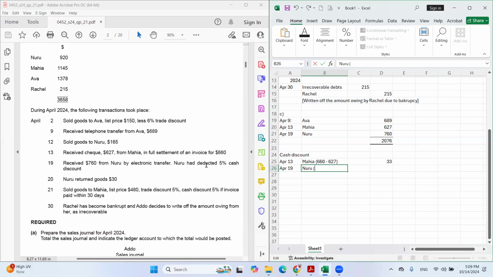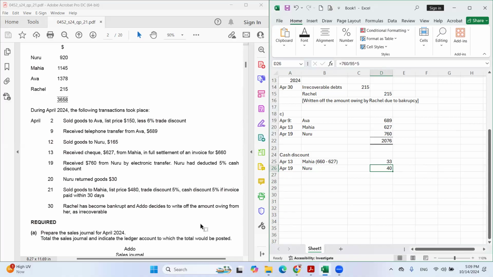This amount is after deducting 5%, which means this 760 is 95%. So how we calculate the amount is we take 760, divide by 95%, and then times 5%. This is how we calculate the discount.